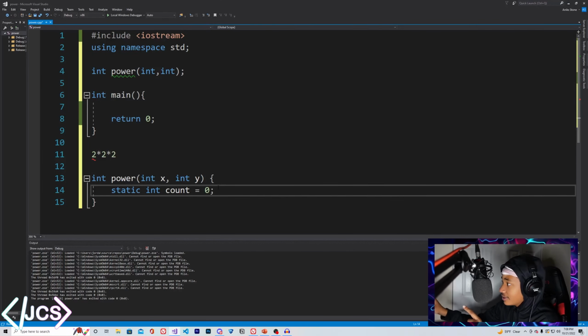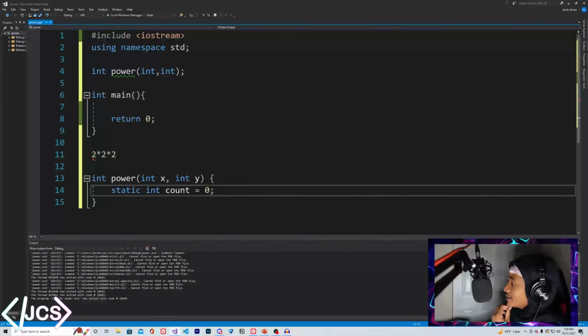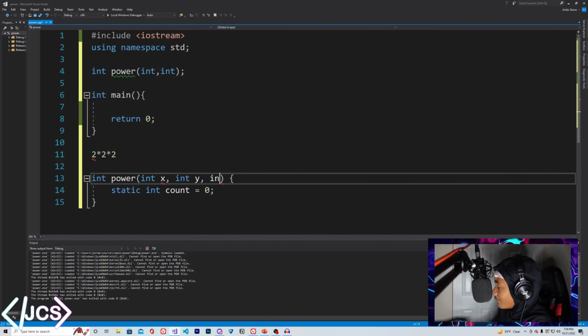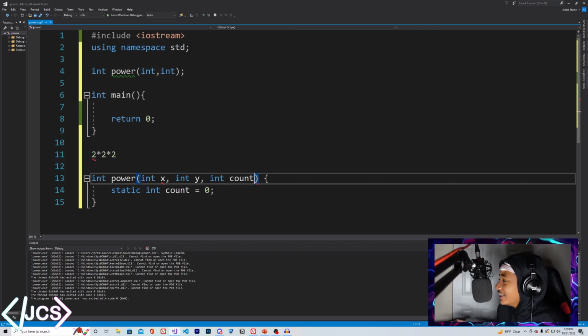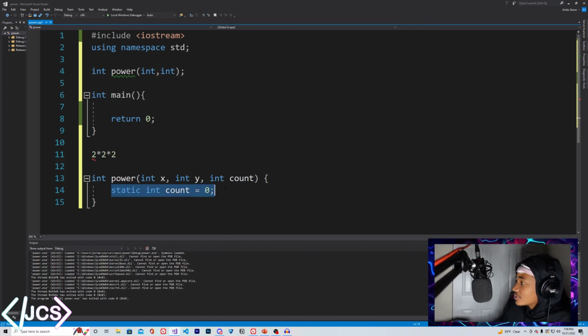Let me explain this real fast. We just went over this in my programming languages class, and now that I understand what static does, I think it's cool. Before I made this program, I had a third parameter up here called count, and I set it to 0 every time that ran, but that made the function look ugly. Instead, you can just do static int count equals 0.